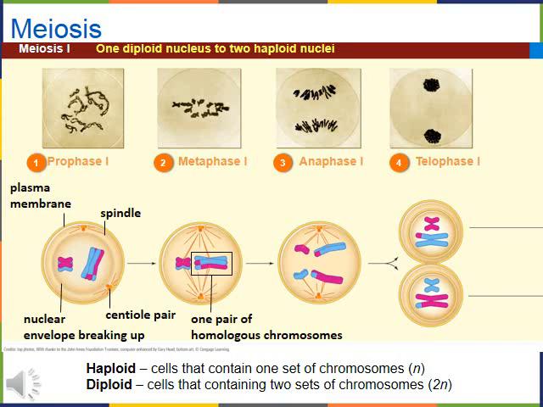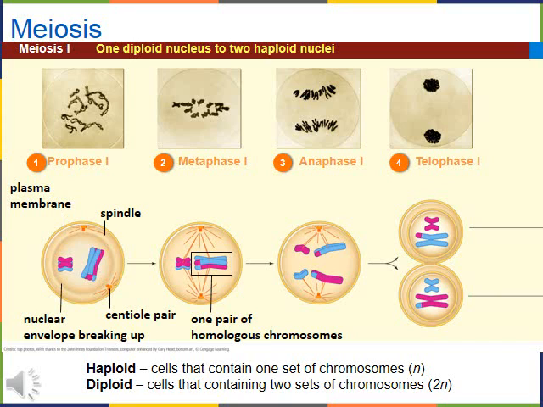Nothing's happening that shouldn't be, and we move right into meiosis 1, starting with prophase 1. Remember, crossing over happens in prophase 1. The nuclear envelope starts to break up in prophase 1. The chromosomes start to package themselves into the little X shape that we're used to, the sister chromatids.